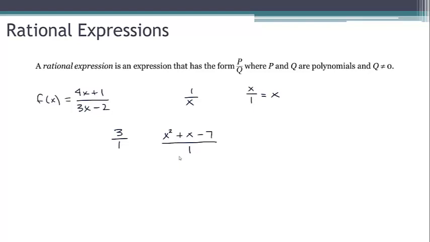All right, so technically, regular polynomials meet this definition of a rational expression. But for purposes of this new material we're going to be looking at, we're really going to limit our attention to the more interesting case where there is actually a variable in the denominator. All right, so the one other thing I want you to focus on here is this Q not equal to 0 part. Look over here at the definition. Q is the polynomial in the denominator.